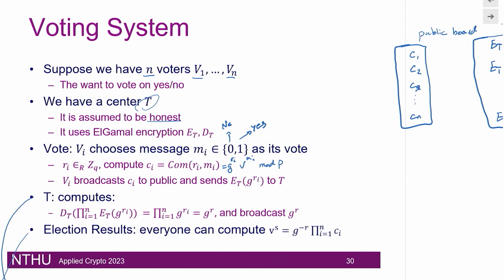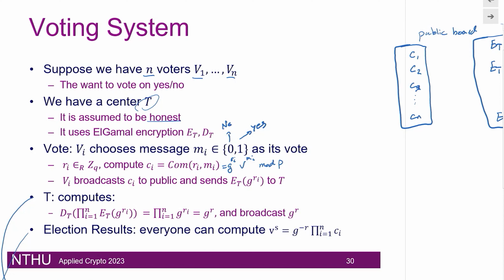So this is one of the exciting moments where we are going to design a complete system together. We start with a naive version of a voting system. We assume that we have some n number of voters who want to vote on a subject as yes or no, and we call the voters V1 to Vn.